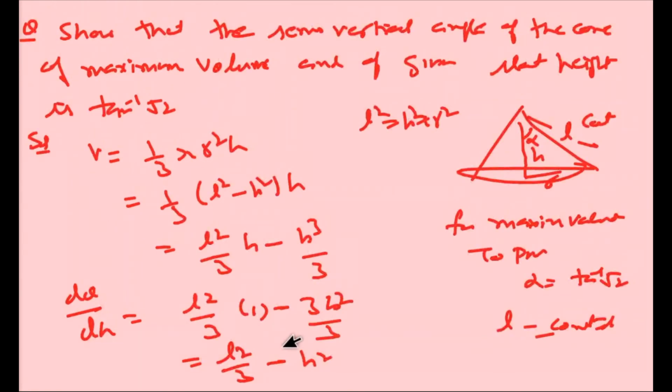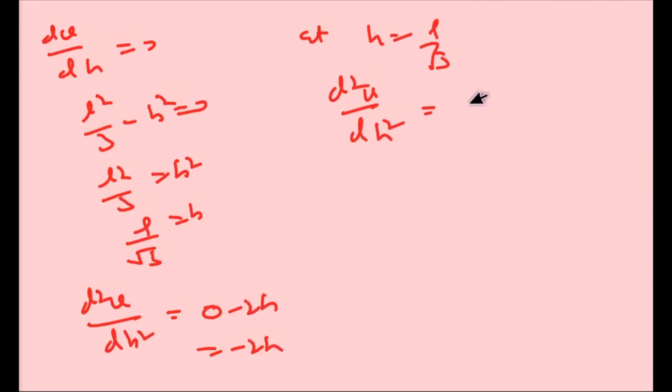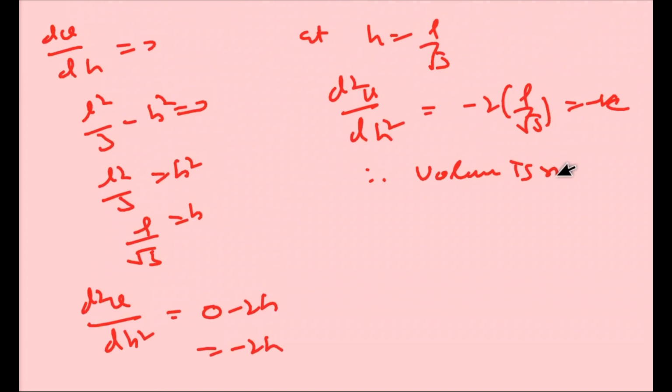Now d2V by dH square we can find here, that is differential of this, 0 minus 2H, equals minus 2H. At H equal to L by root 3, d2V by dH square is minus 2 into L by root 3, equal to negative, hence volume is maximum at H equal to L by root 3.